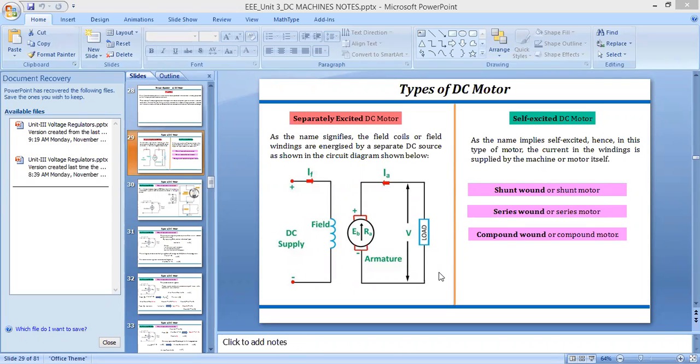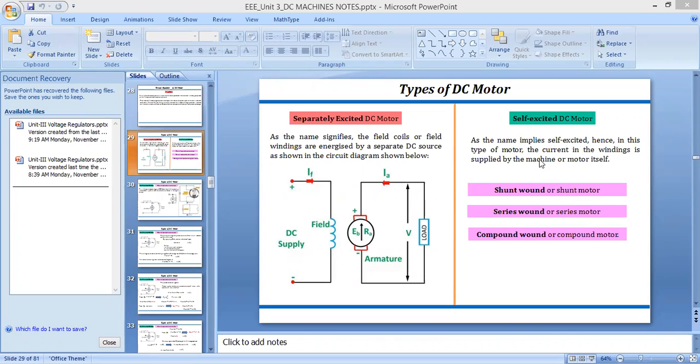We have seen that the constructions of the DC motor and DC generator are the same general construction. Both have a stationary part and a rotationary part. Stationary part means the part of the DC machine that is used as a stator, not rotating, that is fixed.